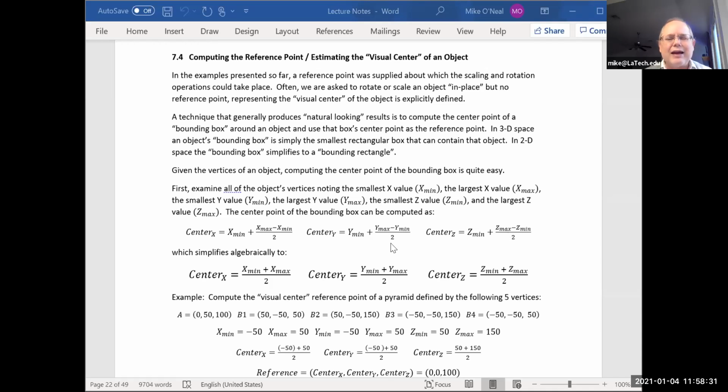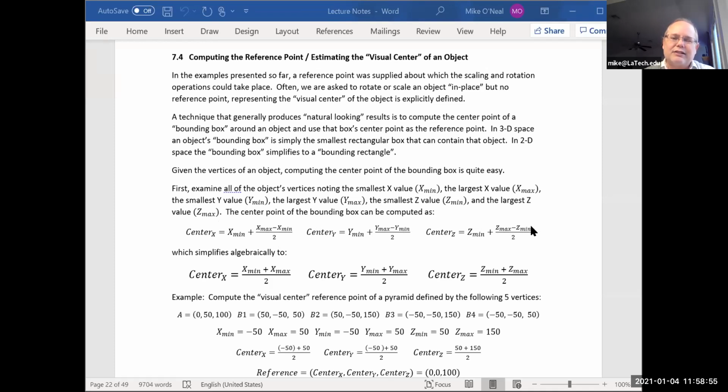So these are the equations. These are the equations you'll probably come up with just off the top of your head if you think about the problem, because you're asking, what's the width in this dimension? It's just the max minus the min, and dividing by 2 will give me the center point.